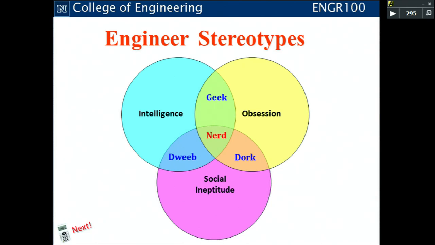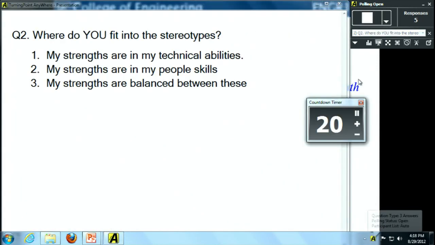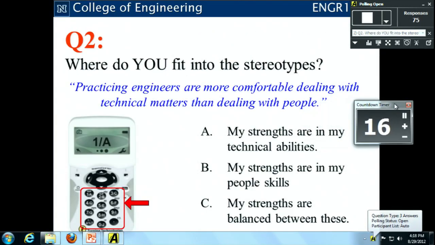But you're going to see these things out in the real world. So, where do you fit into this? This is your next clicker question. I rephrased them a little bit. Let me get the clickers started here. All right, I'll give you a little bit more time.